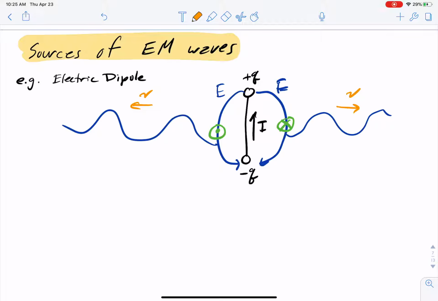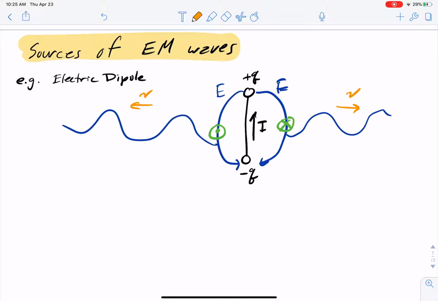That's about all we're going to do with that. It's just a nice picture to go along with what's happening here. We don't really get to go into the details. But the idea to take from this is that an oscillating charge distribution will create electromagnetic waves.